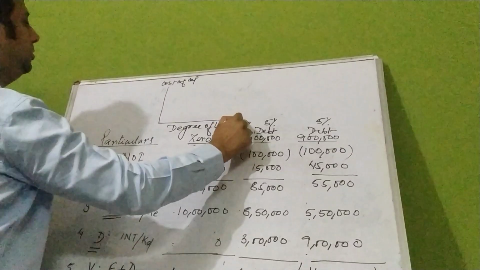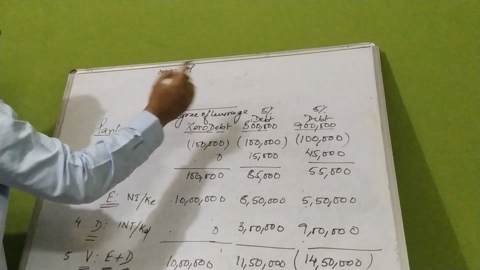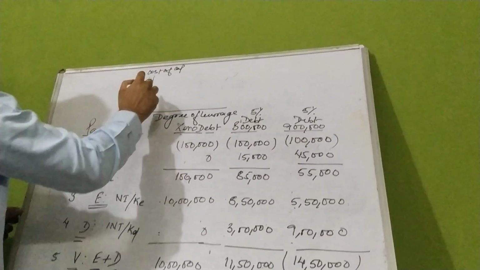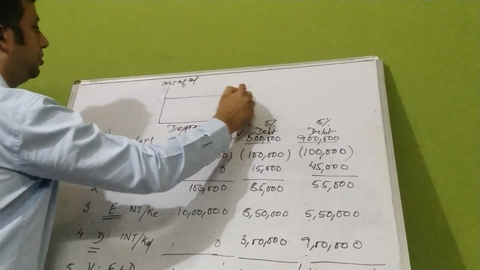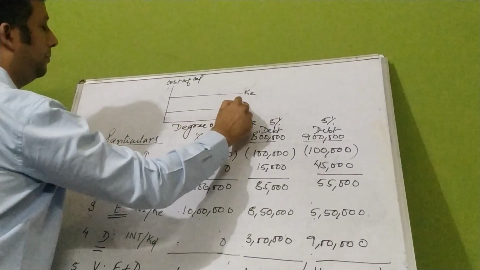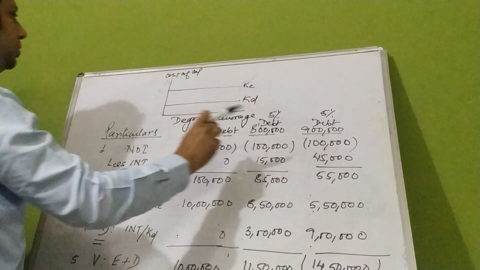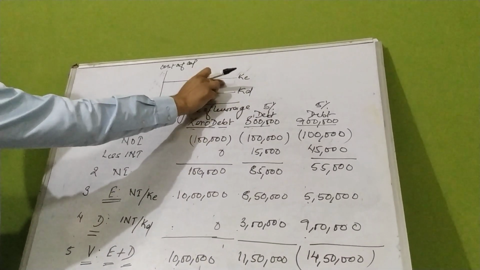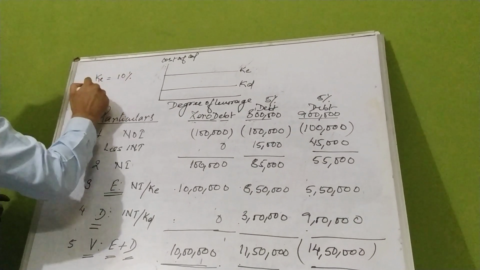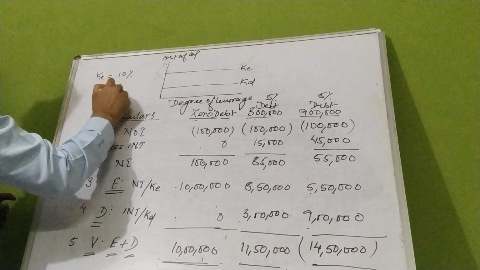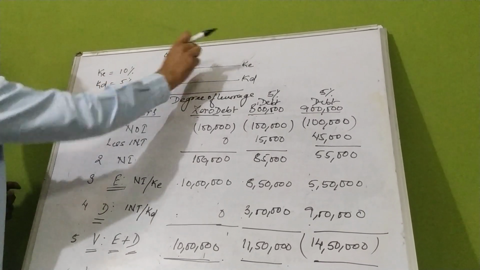Degree of leverage means how much debt fund you are using in the capital structure. The upper line represents the cost of equity and the lower line represents the cost of debt. Of course, you see the cost of debt will always be lower than the cost of equity. Our cost of equity was 10% and the cost of debt was 5%. So always cost of equity will be high.